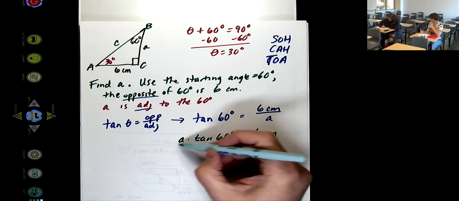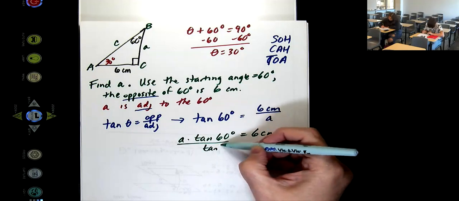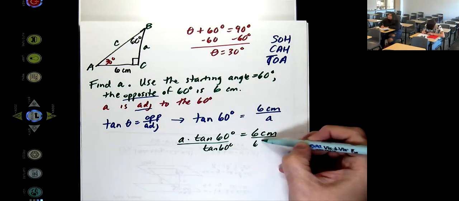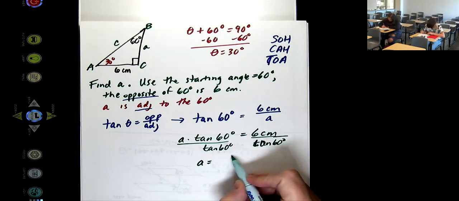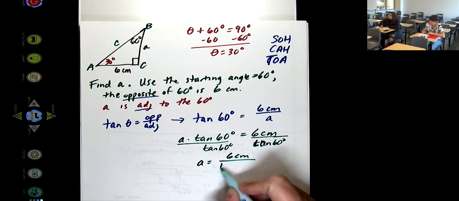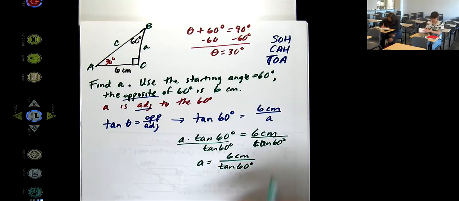And finally, I'll divide both sides by that tangent of 60 to get A by itself. And that's calculator time.